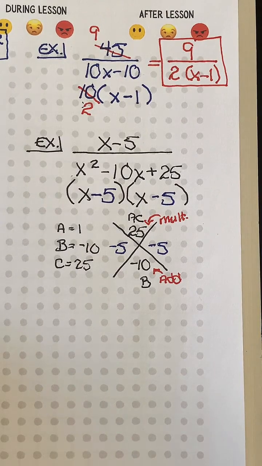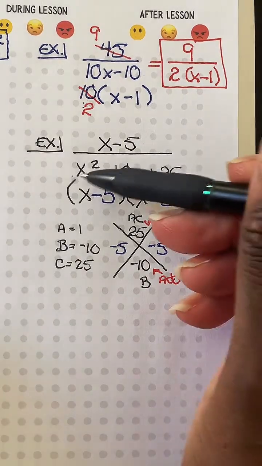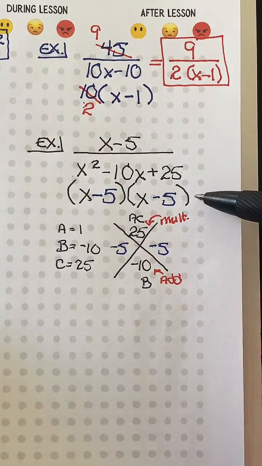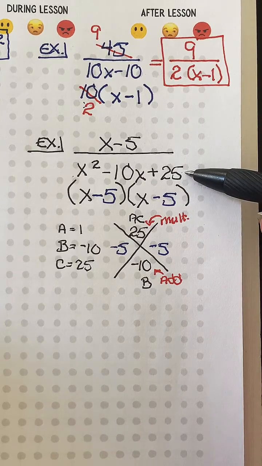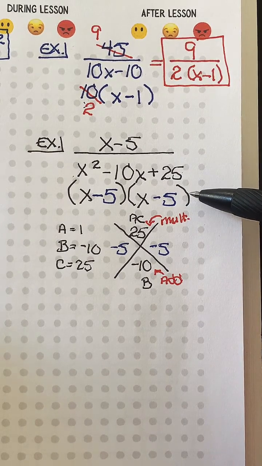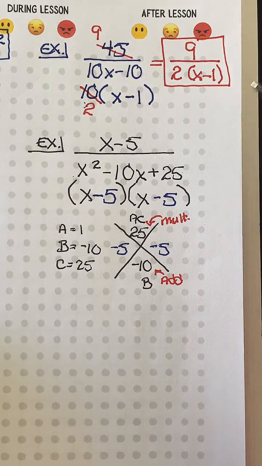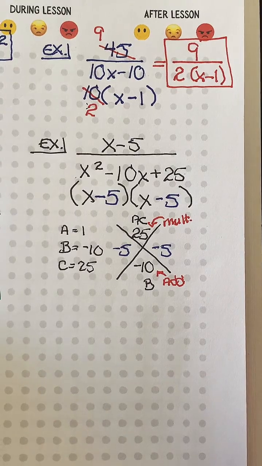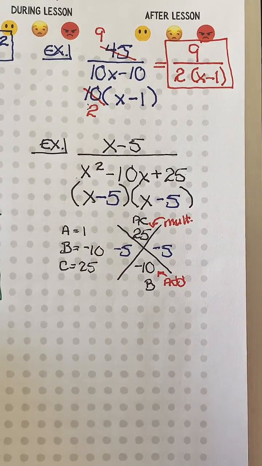Remember, this is no longer here because we put it in factor form. We started at standard form and we put it in factor form. They're both the same. It matches the top.